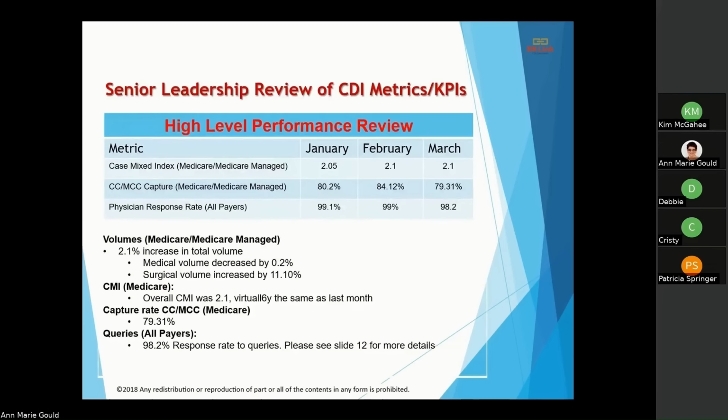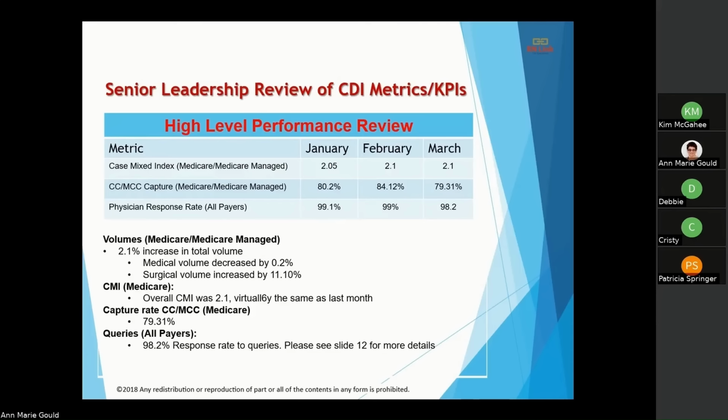Okay, so this is just an example of a senior leadership review from a CDI standpoint with the metrics, the KPIs. So it's a high-level performance review. This particular facility shows their senior leadership the CMI, Medicare and Medicare managed, MCC capture rates, and then physician response rates, all payers.